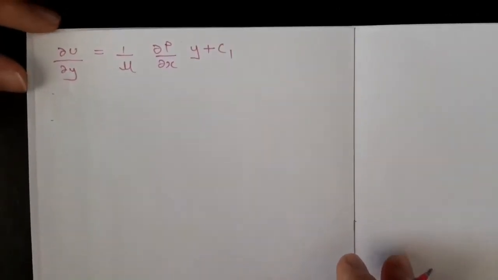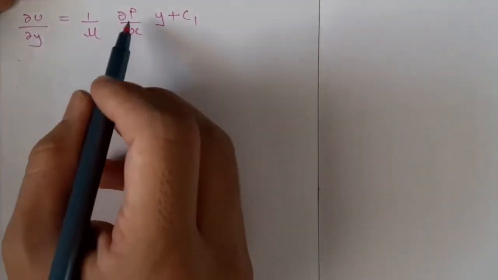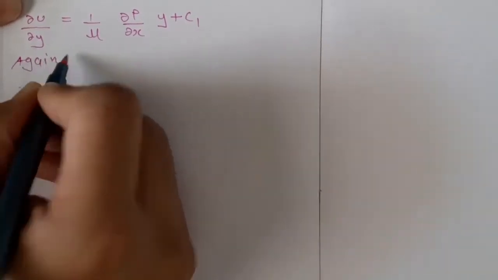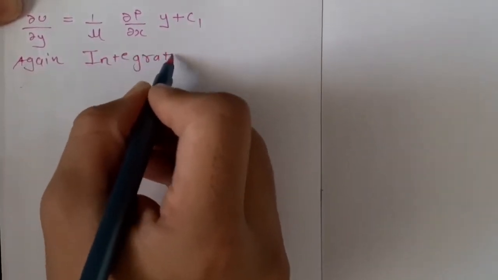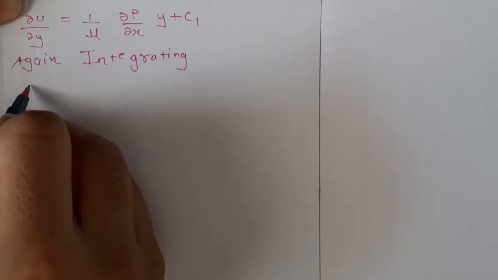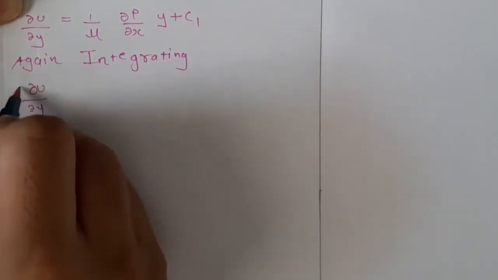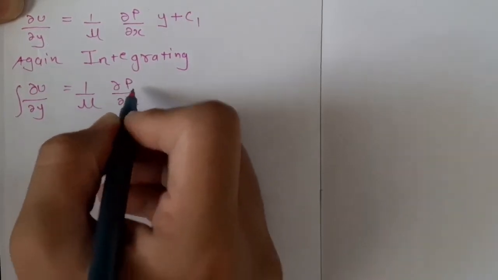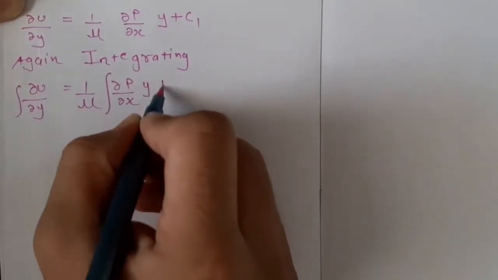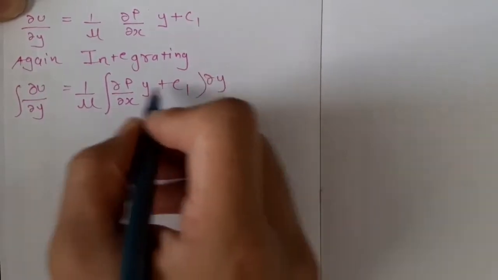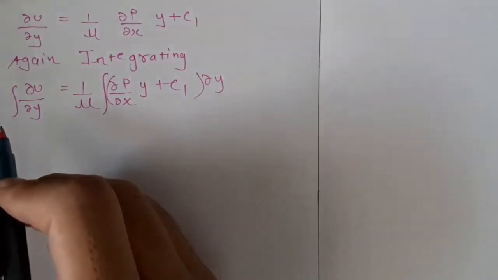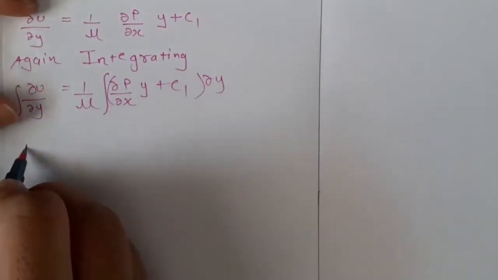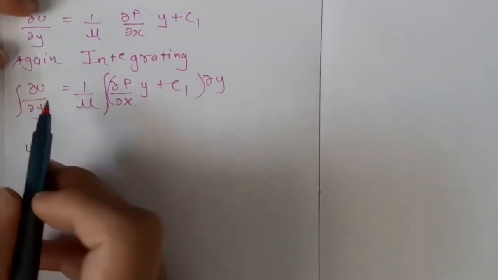So we have ∂u/∂y equals 1/μ ∂P/∂x into y plus c1. Now again integrating, if we integrate and differentiate the same thing, we get the thing itself, that is u.